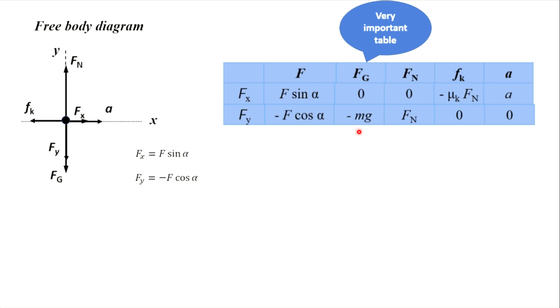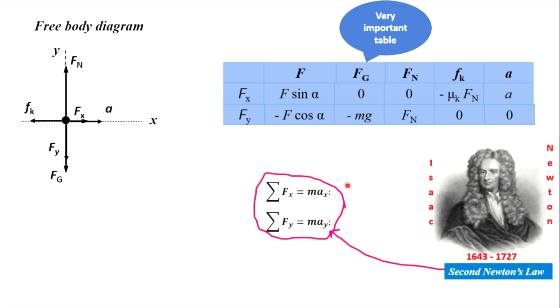John wrote the second Newton's law equations in components for the x-axis and for the y-axis. Look, the second Newton law was formulated by Isaac Newton, who was born approximately 400 years ago. Until now, we use his laws.